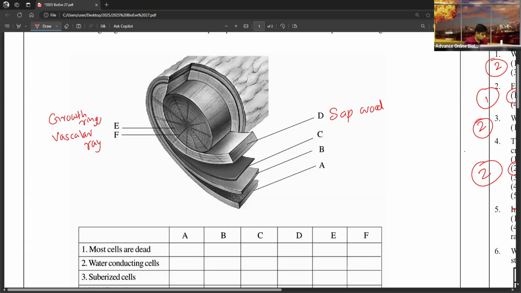E, you can take as growth rings. D is sapwood. What is C? Vascular cambium. What is B? Bark, no, we'll take secondary phloem. Then A is periderm.